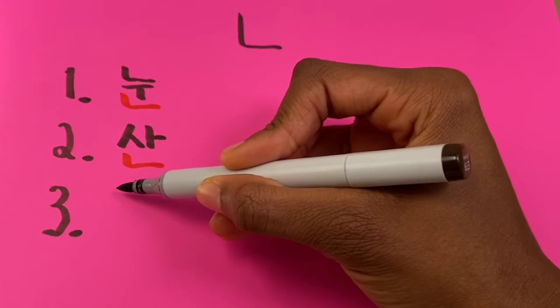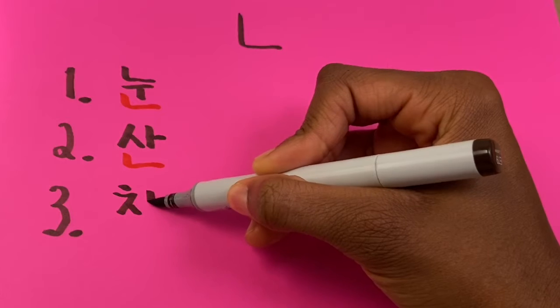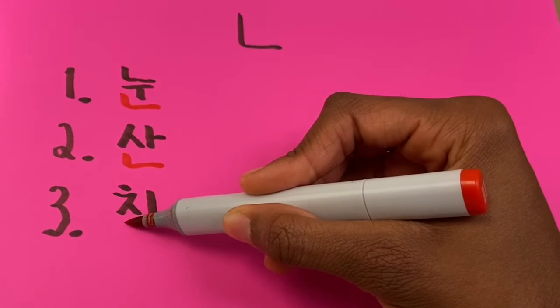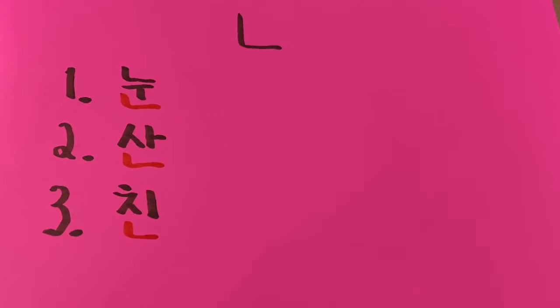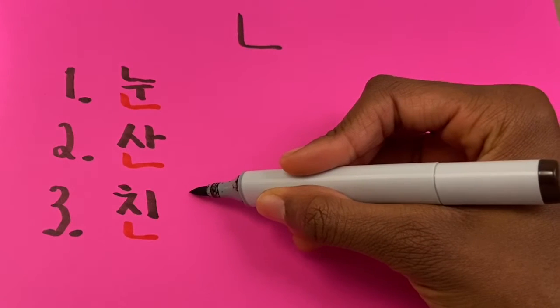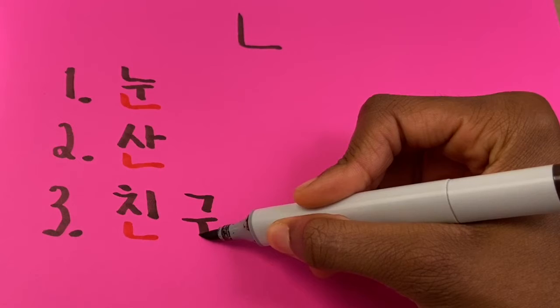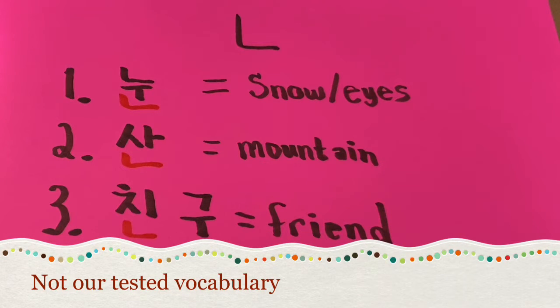Our next one is going to start with chi. 니은 will be right underneath it, so it's 친. I'm using real words, so I'm adding 구 to make it 친구. These are the meanings for each word.